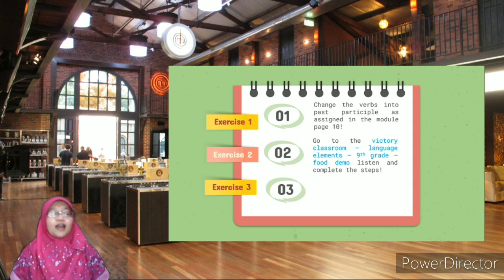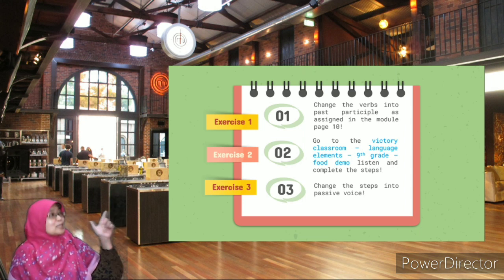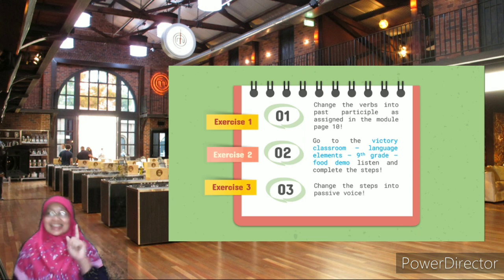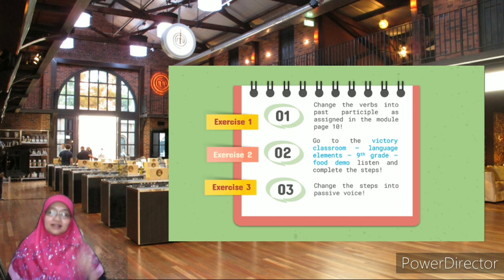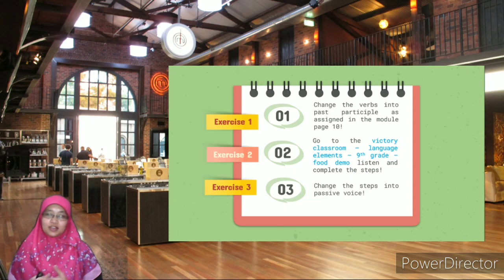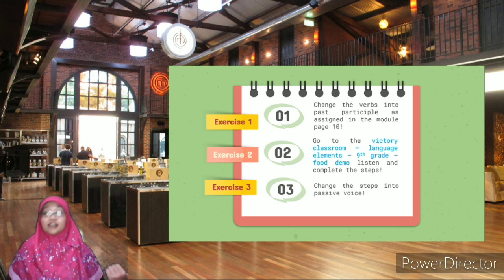So what do you have to do after you listen and complete the steps? Of course, you have to change the steps into the passive voice. That's the thing. So after you listen to this video, please go to the Google Classroom and check the assignment that I have already assigned to you.